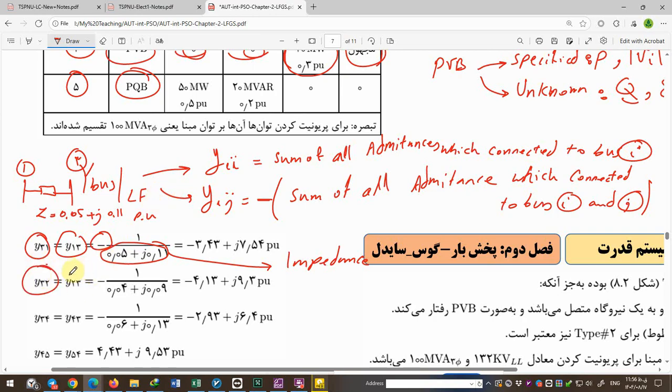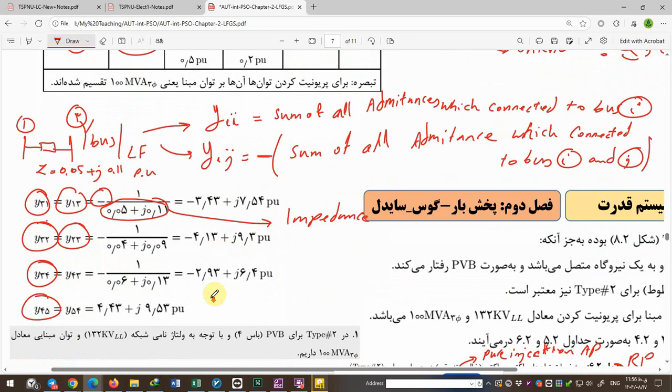Another array is Y32 equal to Y23, Y34, Y45, and you have to calculate these parameters with your calculator. In the final exam, you have to bring your own calculator. Pay attention, your own calculator is needed in the final exam.